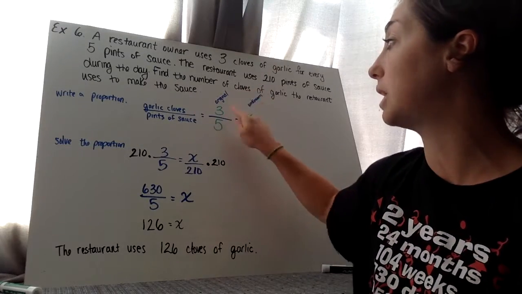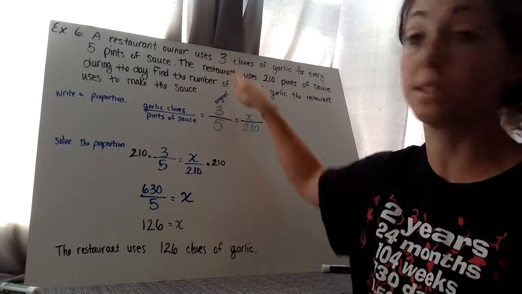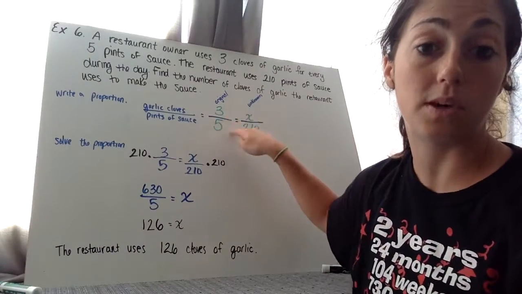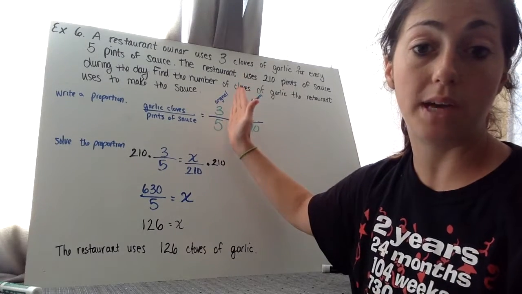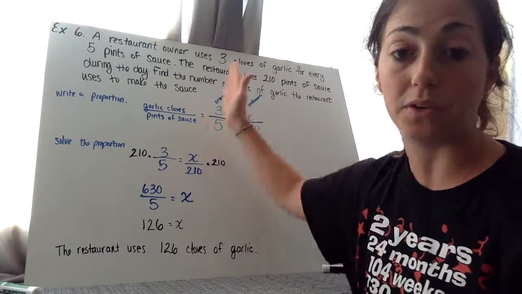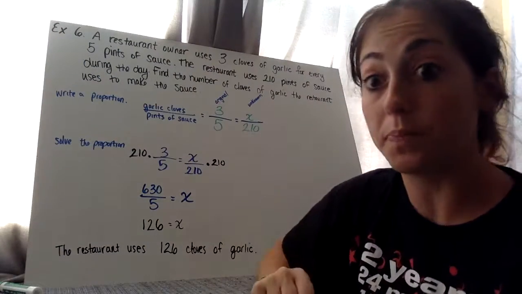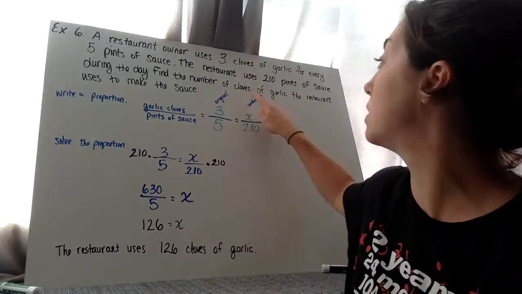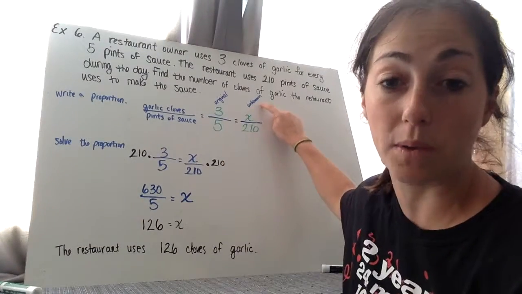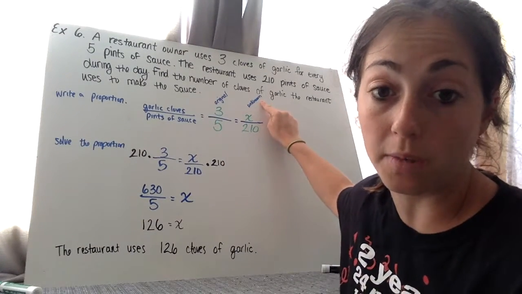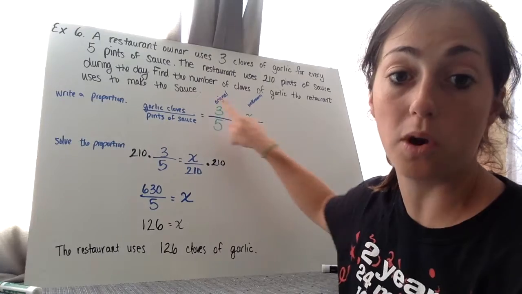So let's first talk about the original. How many garlic cloves? 3. To how many pints of sauce? 5. So that ratio should be together. The original ratio, that first sentence, should be together in a ratio. Then the second ratio is the one with the unknown. That's why I wrote it small. I wrote unknown there. And that unknown is which part? The garlic cloves.